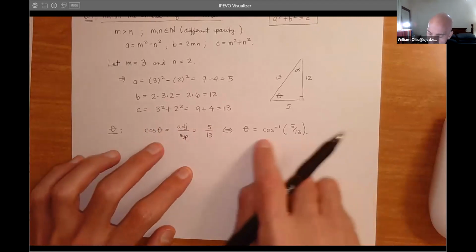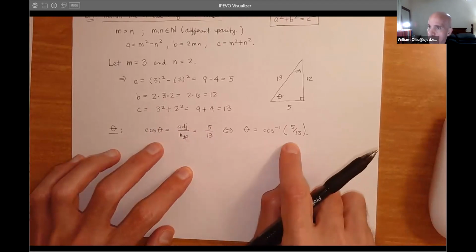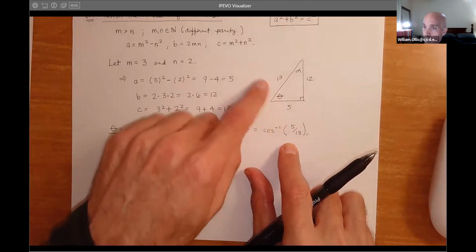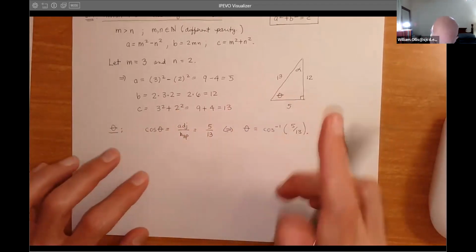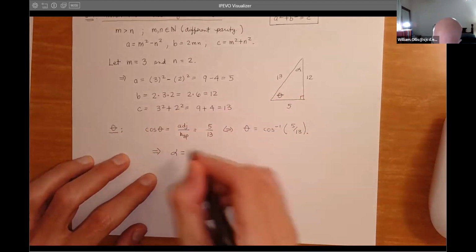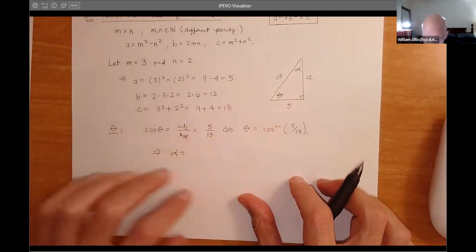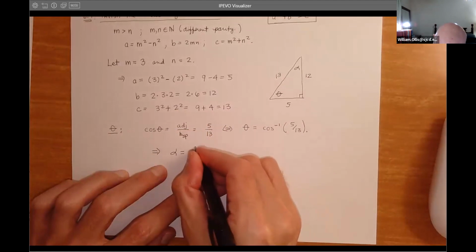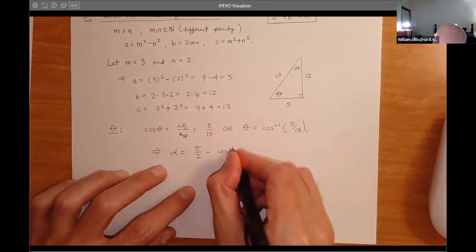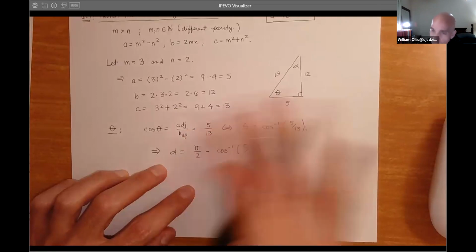But as it exists right here, these are radians because these are pure numbers. And then of course, alpha is just the complement of theta because alpha plus theta is pi over 2 radians. So this would be pi over 2 minus inverse cosine of 5 over 13, all in radians.